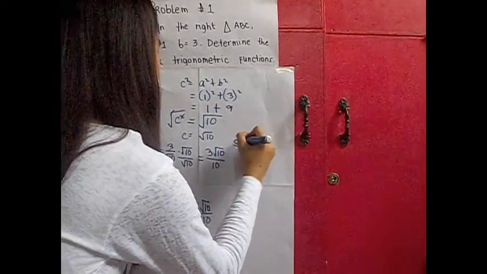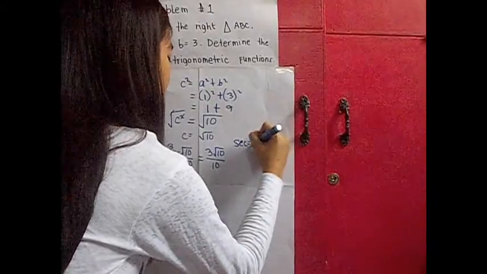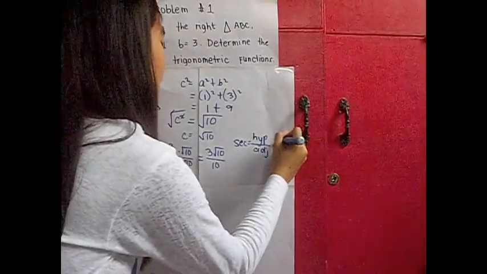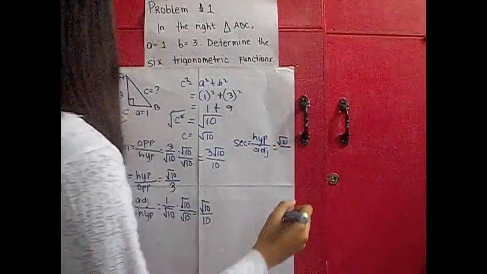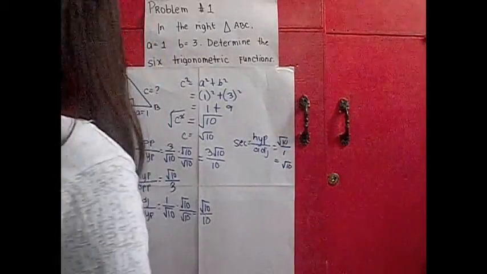The secant is equal to hypotenuse over adjacent. The hypotenuse is the square root of 10 over the adjacent, which is 1, or simply the square root of 10.